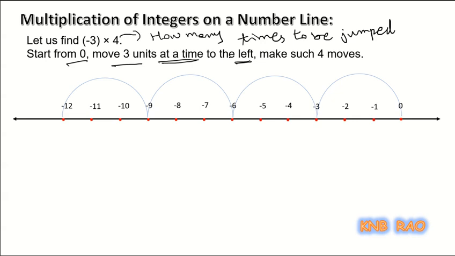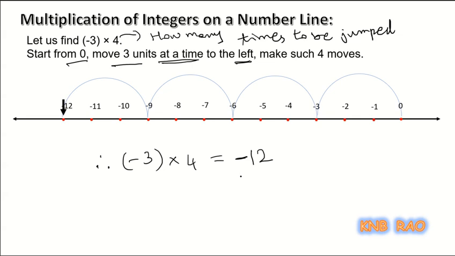So, we arrive at minus 12, that is the product of minus 3 and 4. Therefore, minus 3 multiplied by 4 gives us 12, but in negative direction or towards left of the 0.